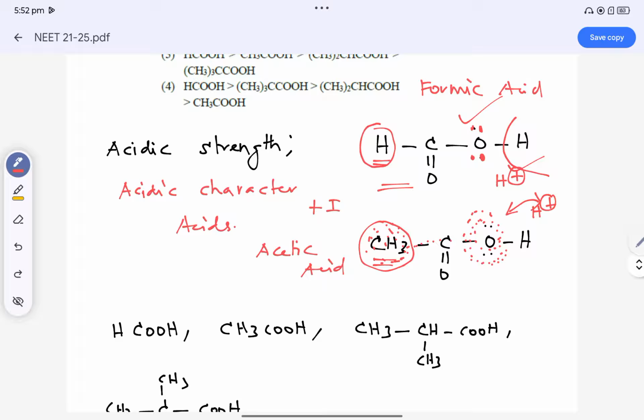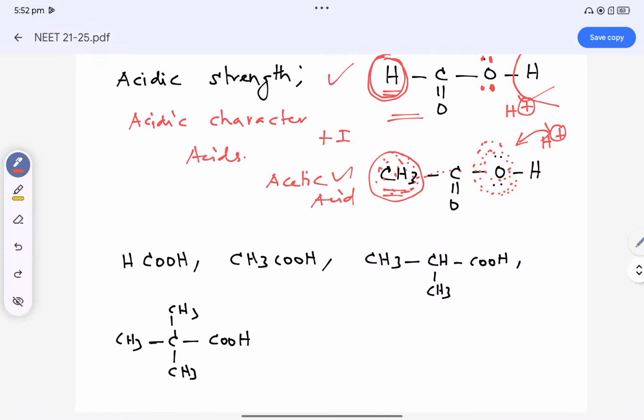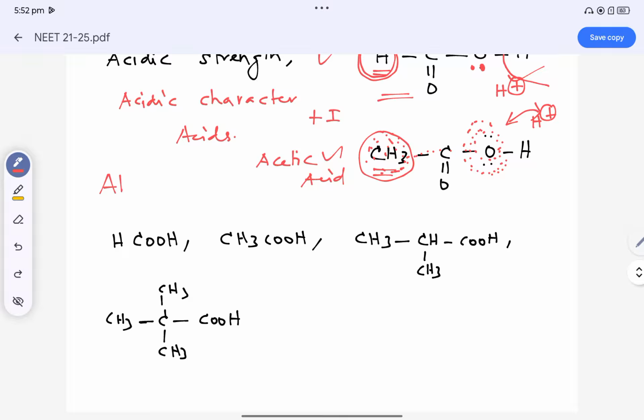So on the basis of this discussion, which one is the strong acid? Formic acid is the strong acid because of the absence of plus I effect. Clear? Absence of plus I effect.